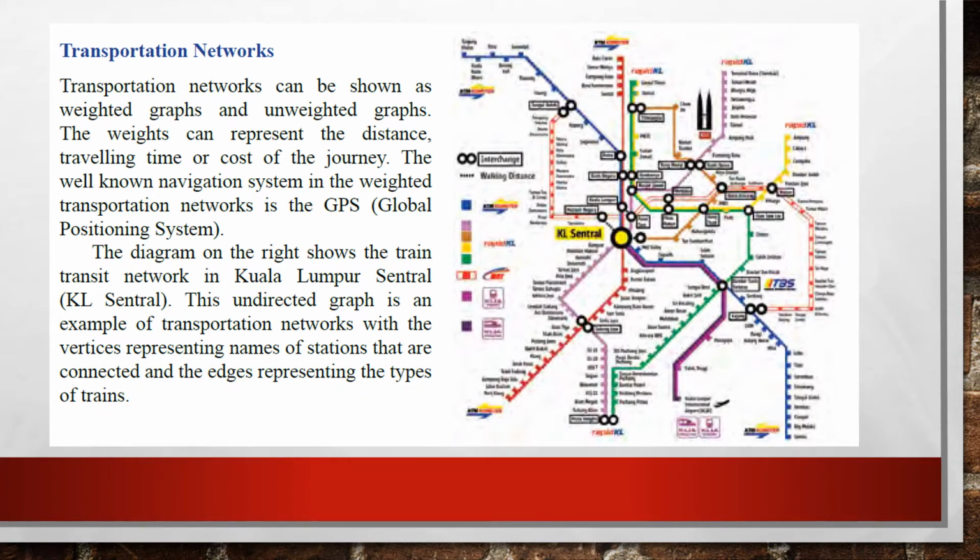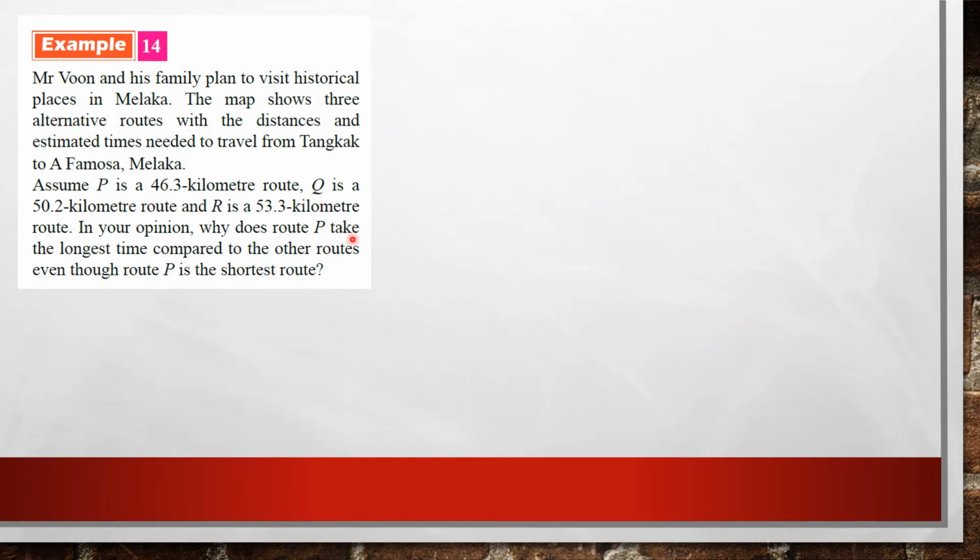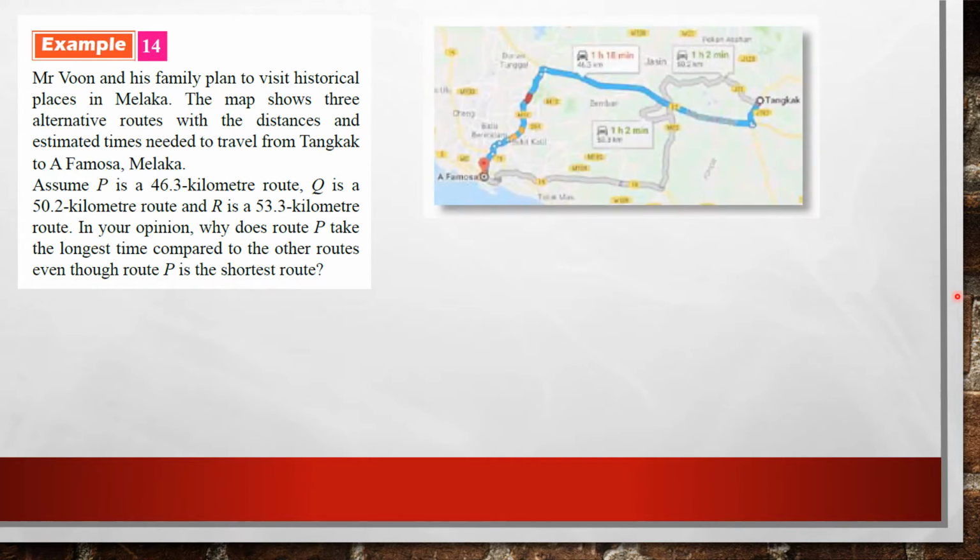So now we look at example 14, also at page 143. Mr. Woon and his family plan to visit historical places in Malacca. The map shows 3 alternative routes with the distance and estimated times needed to travel from Tangkak to A Famosa, Malacca. So this is the map given.